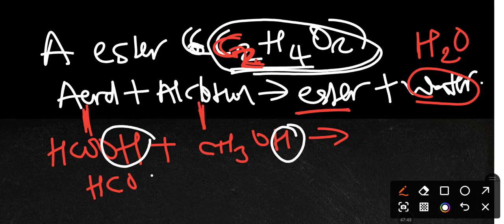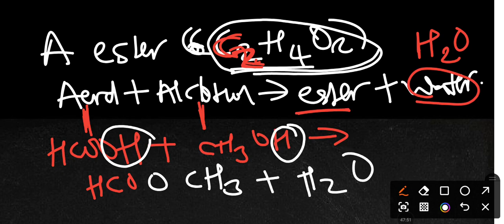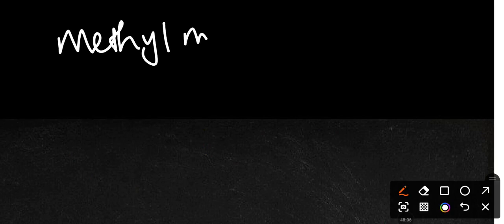So they form water, and the name of this ester that is formed is called methyl methanoate, methyl methanoate, like this.